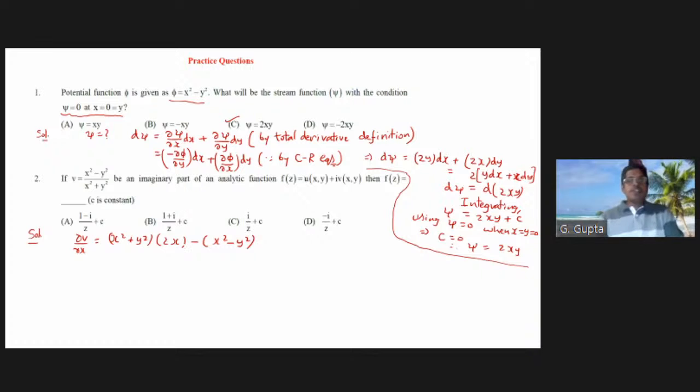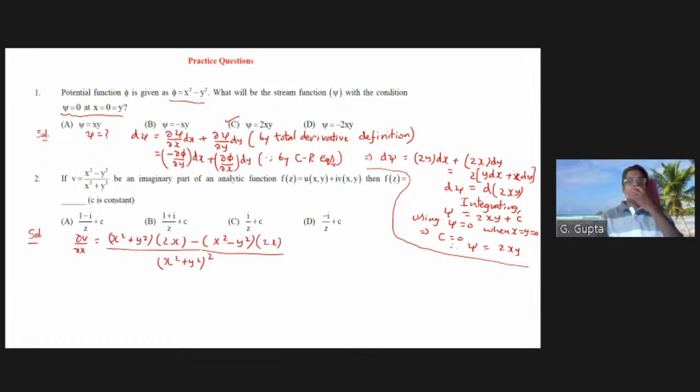x square plus y square into the derivative of x square minus y square with respect to x, which is 2x, minus x square minus y square into the derivative of x square plus y square with respect to x, which is 2x, divided by the denominator squared, that is x square plus y square whole square.